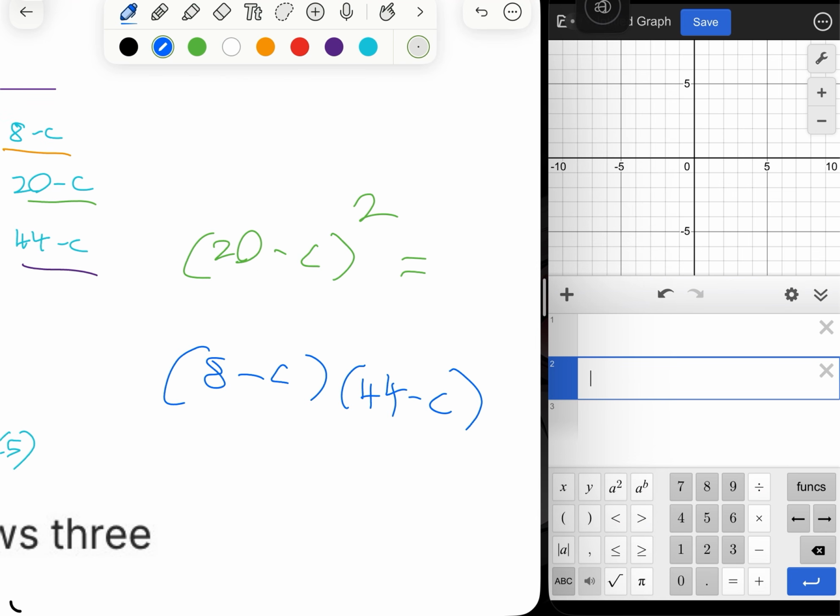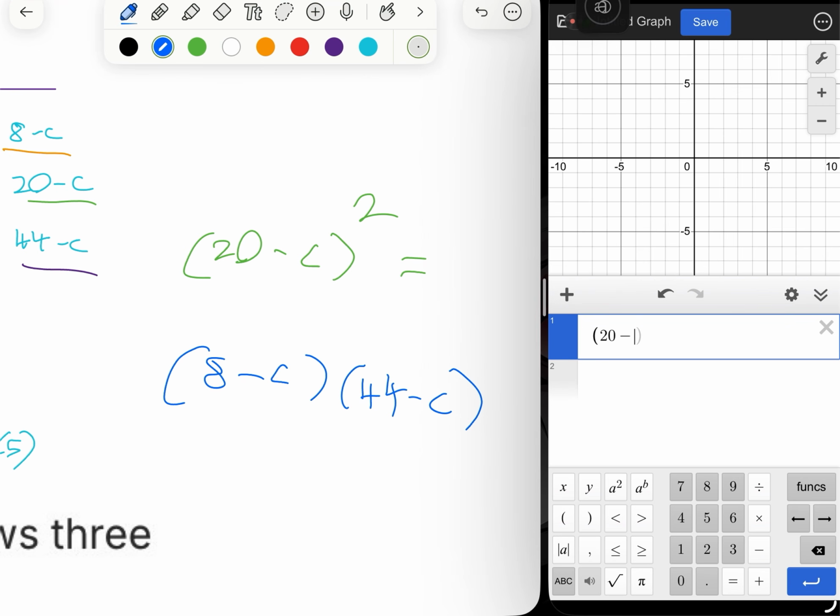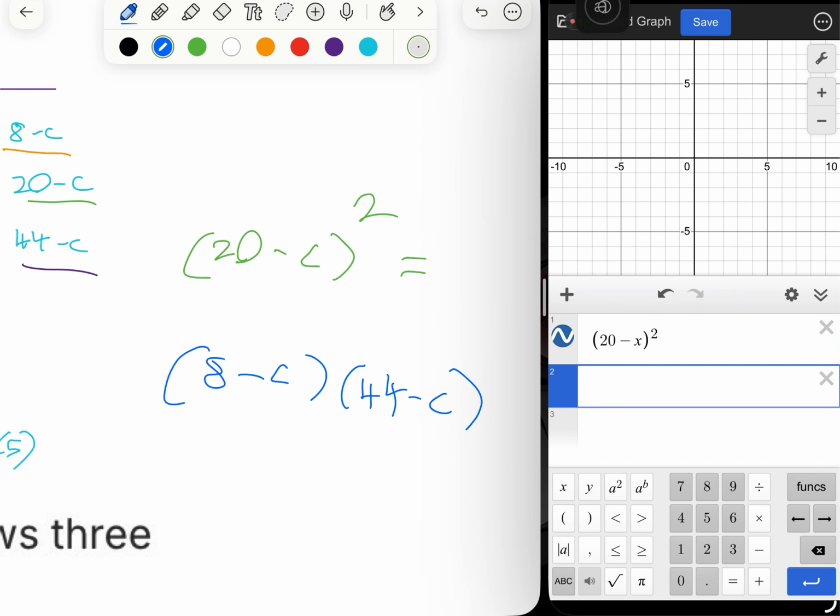And how do you find the value of c now? Well, it's easy. I would use Desmos here. So on one side you have 20 minus c, and I'm going to use x. On the other side you have 8 minus c times 44 minus c.